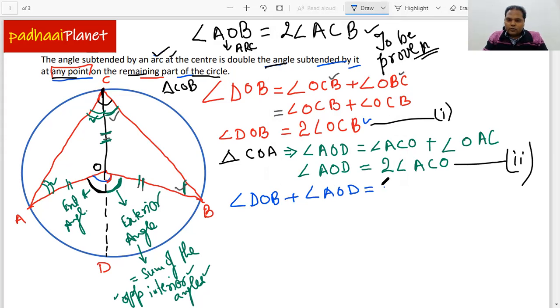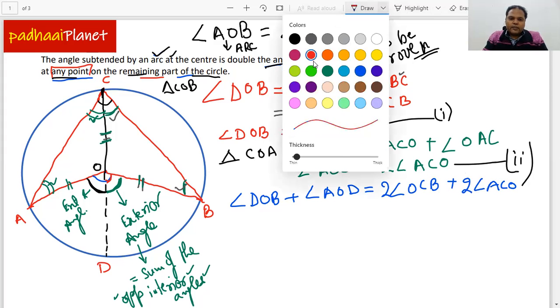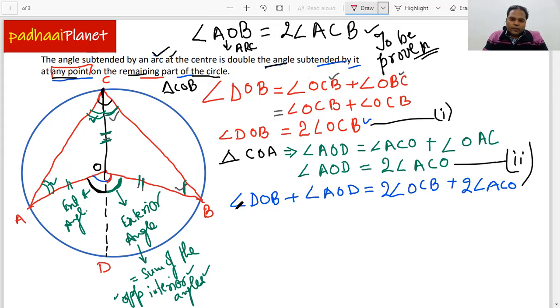So that's twice angle OCB plus twice of angle ACO, right? Now, if we look at the diagram, then we can write that these two angles, DOB and AOD, are nothing but this part, right?